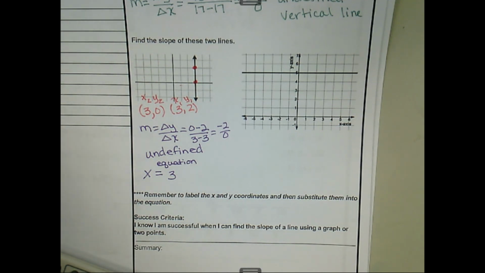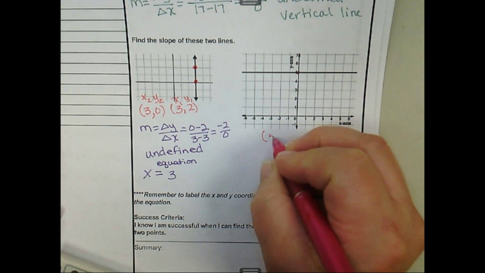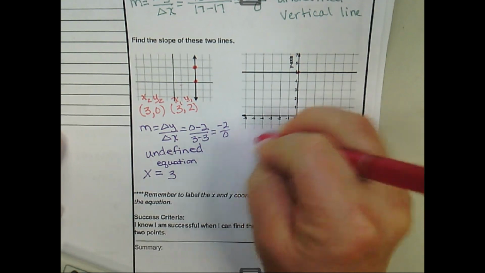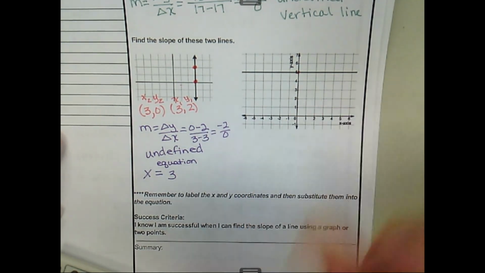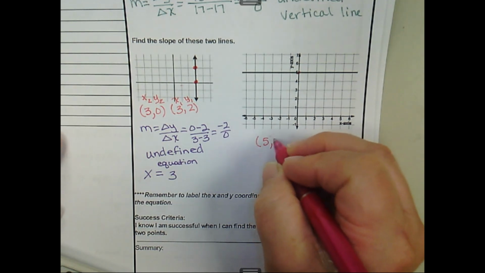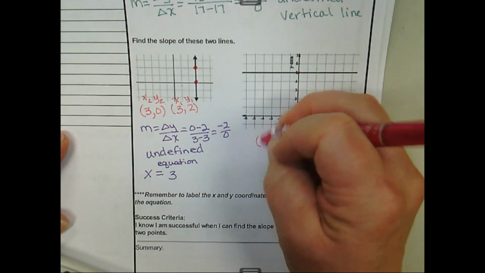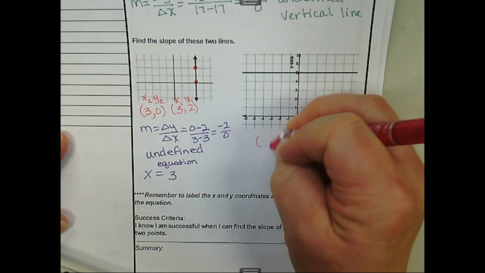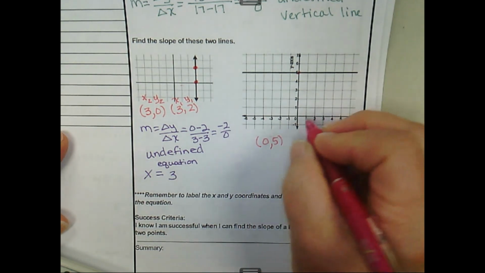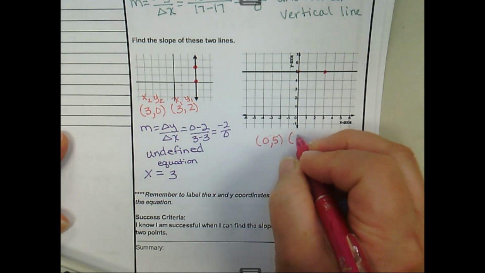So let's look at the other one. This point would be 0, 5 actually. I got that one wrong. This one would be 3, 5.